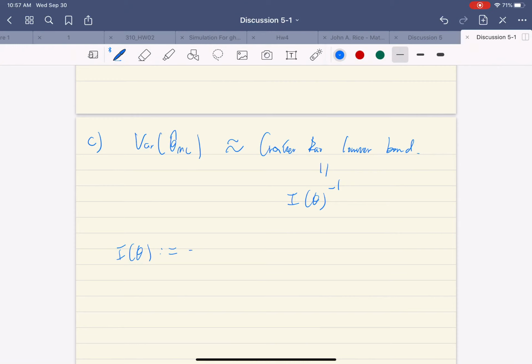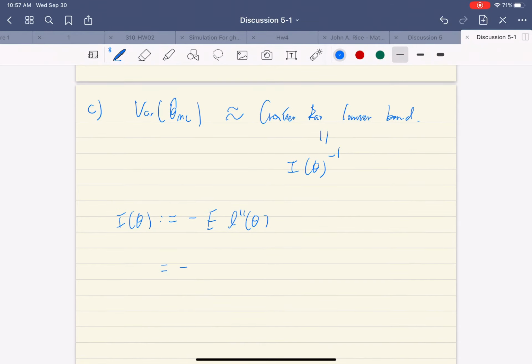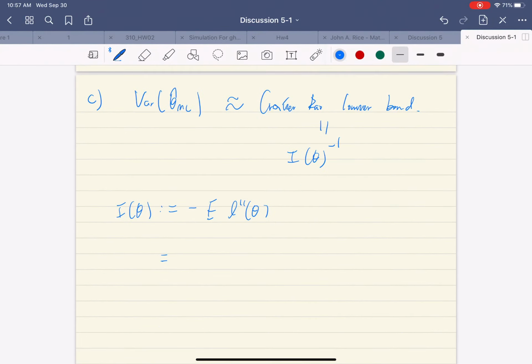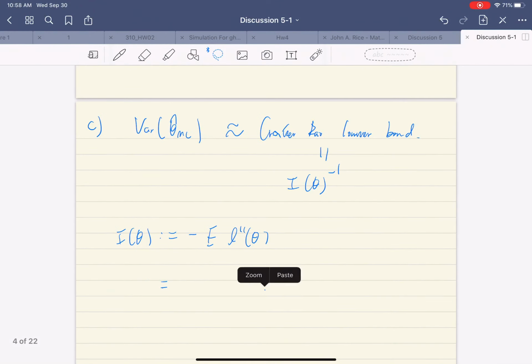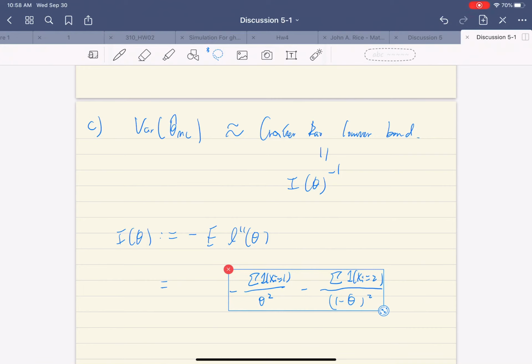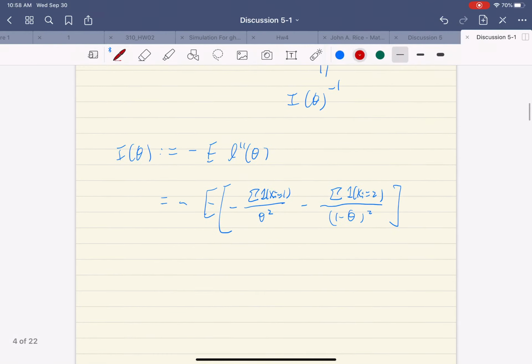From the definition, it is the negative of the expected second derivative of the log likelihood function. So we copy the second derivative, and we take the negative average of this. We can cancel the negative part, so this is positive.